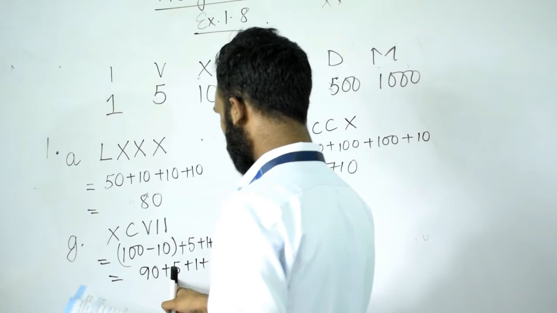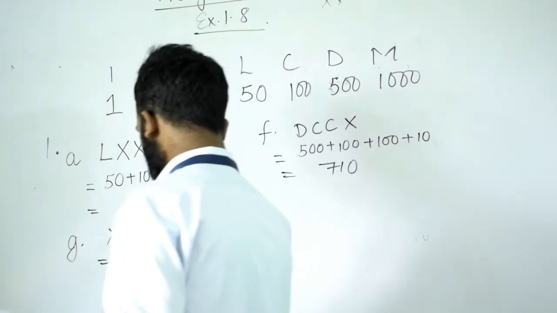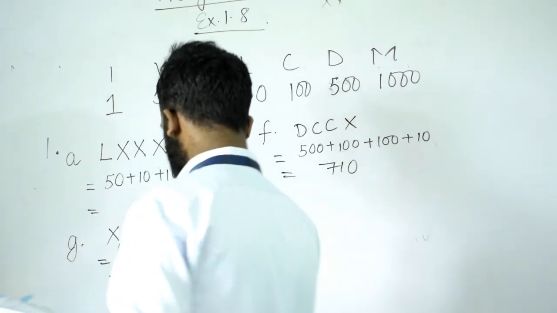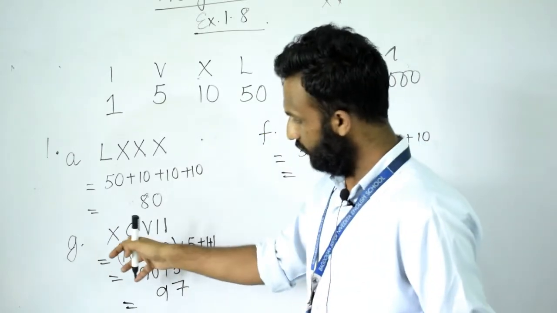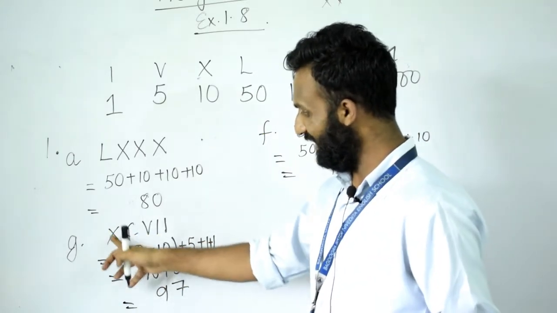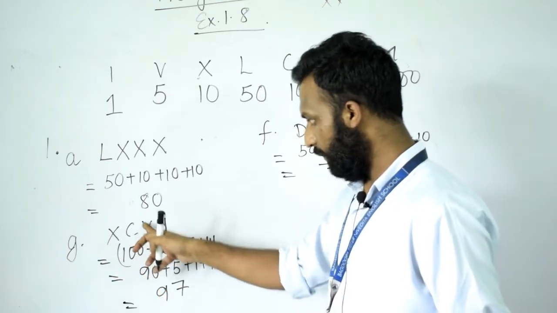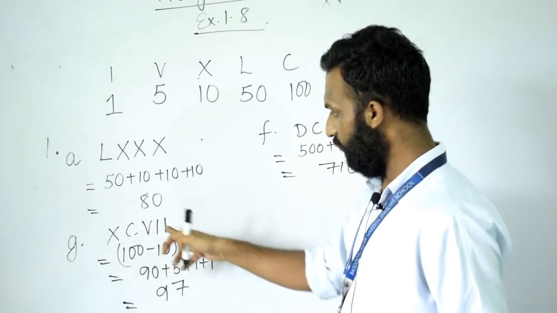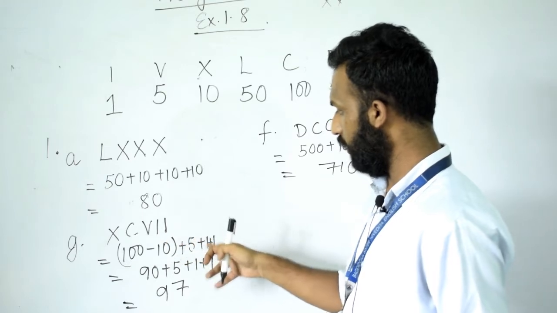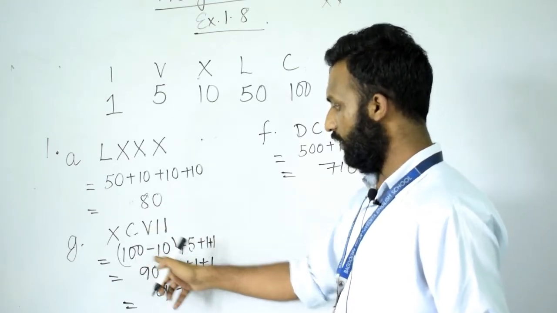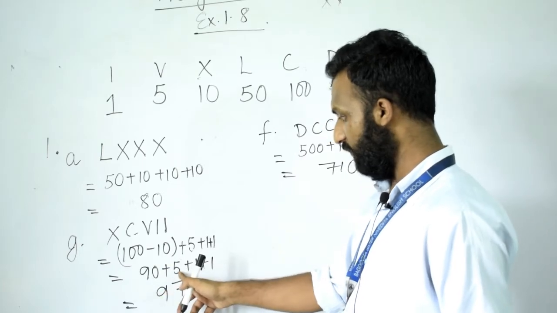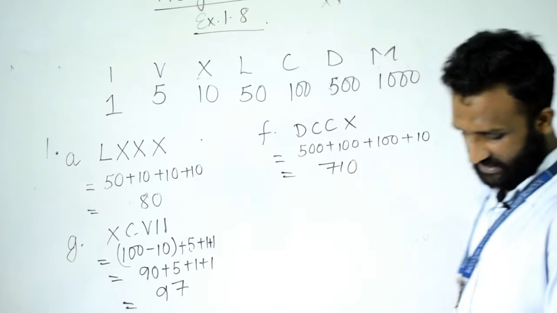So 95, 96, 97. See here how I have done this. C is greater, and before that it is X, so 100 minus 10, plus V which is 5, I means 1 plus 1. These are after the greater number, so that means addition. So 100 minus 10 is 90, 90 plus 5 is 95, 96, 97.